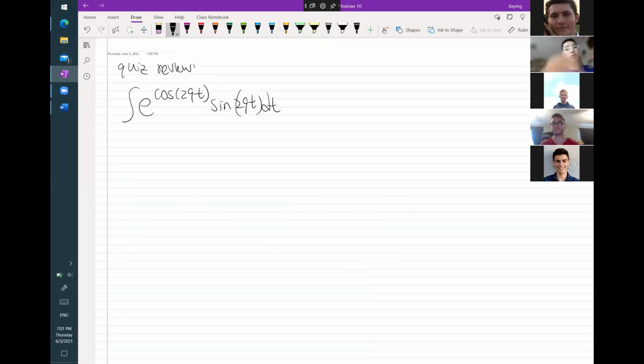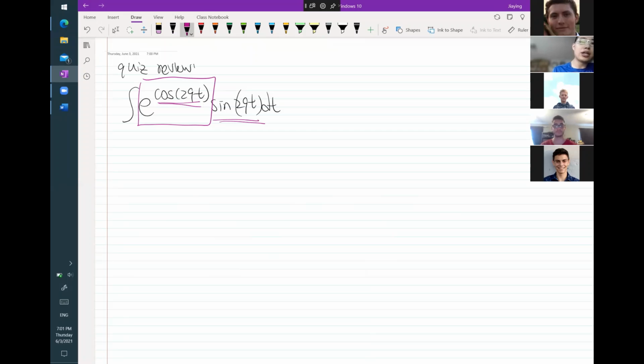The e raised to an exponent is a function together. You cannot separate it; you have to see it as one expression, an exponential function. On the outside, you have the sine part, and then dt.